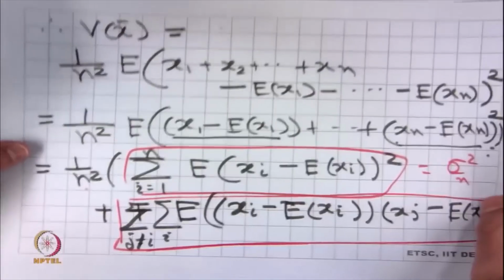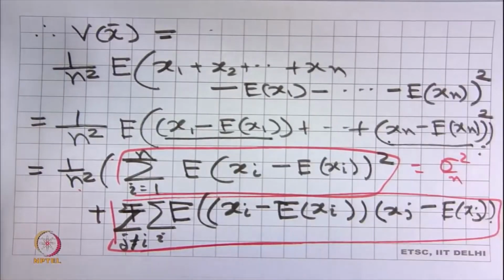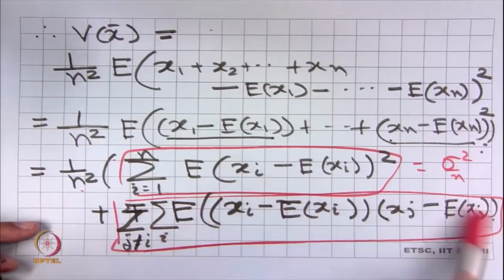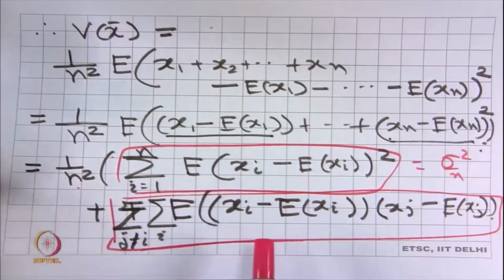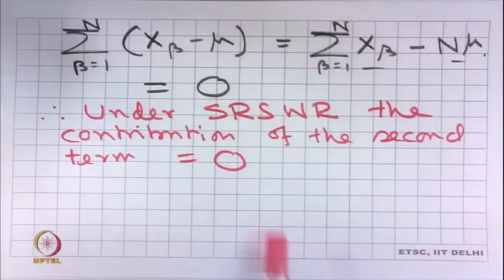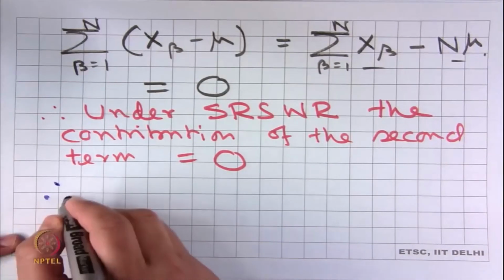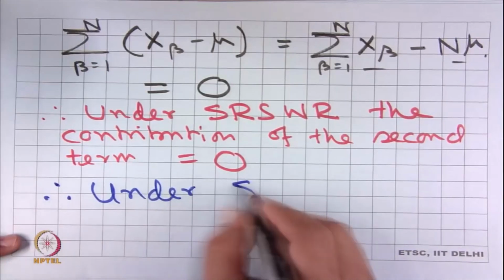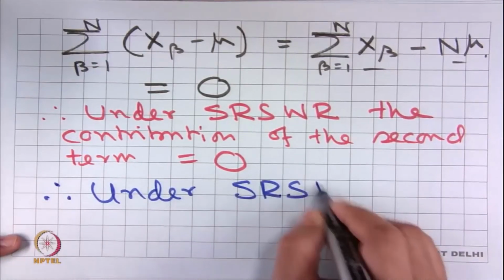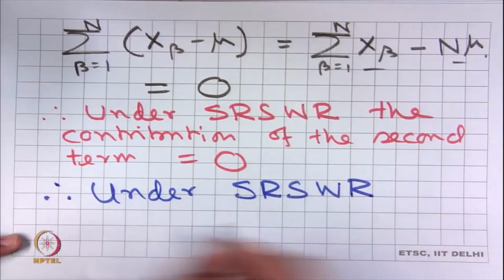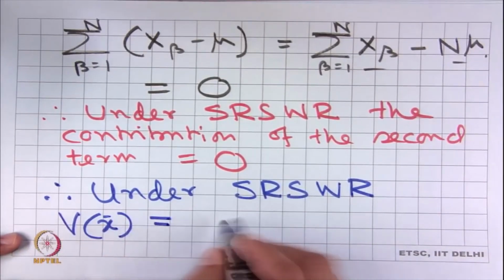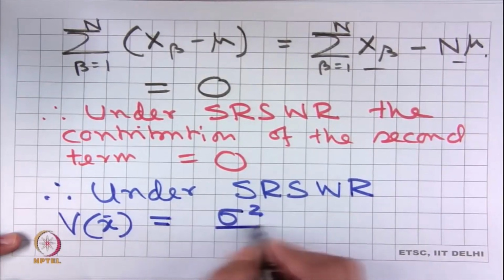So, if we look at the slide, this part gave us sigma square by n, this part gave us 0. Therefore, under SRSWR, variance of x bar is equal to sigma square by n.